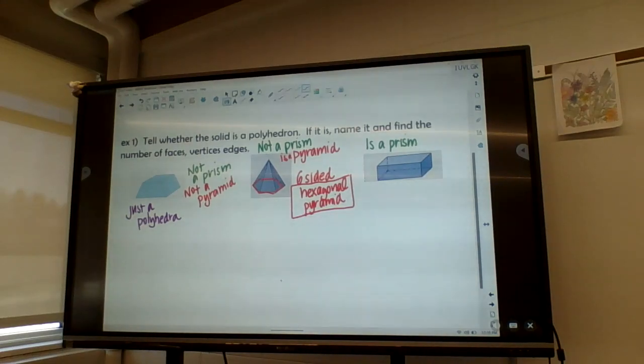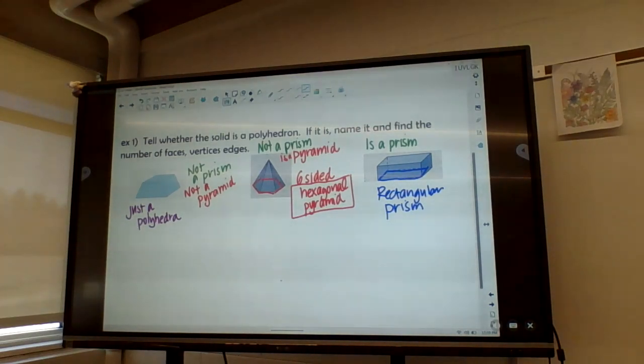This next one is also a prism, but the bottom is a rectangle. So it's a rectangular prism. Again, being able to name them for a test is not necessary, but just being comfortable with that.